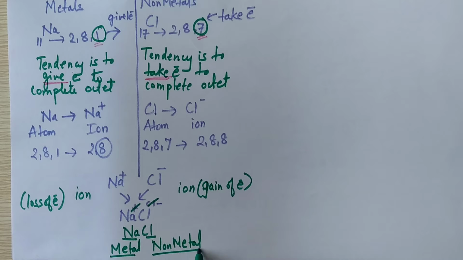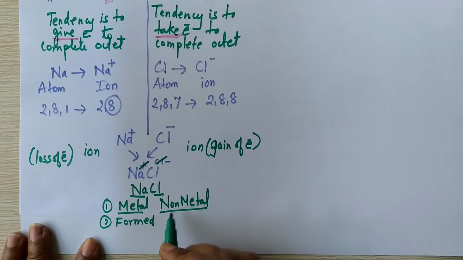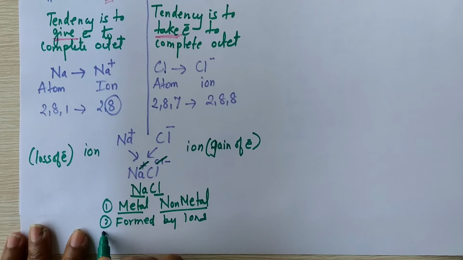Metal is there, non-metal is there, and it is formed by ions, and electrons are involved.